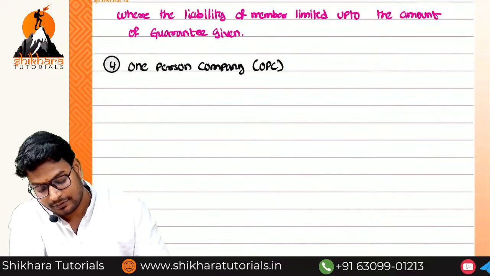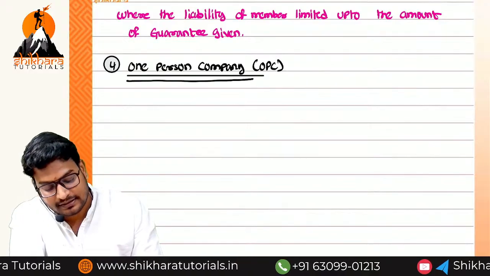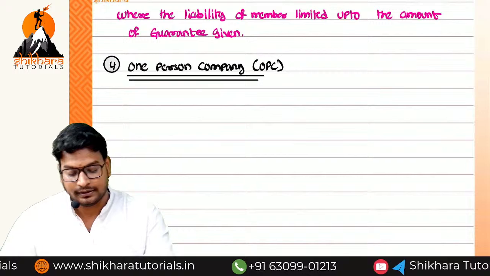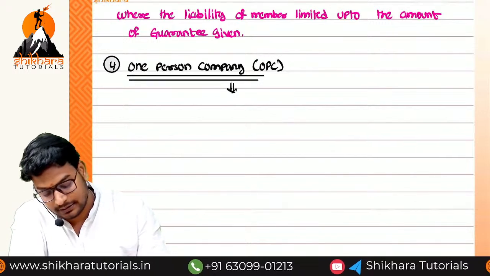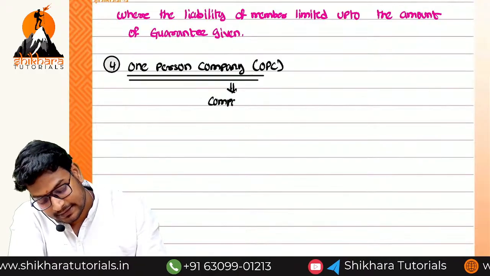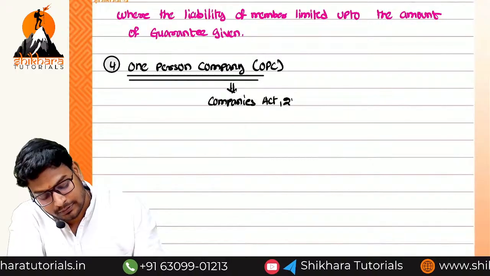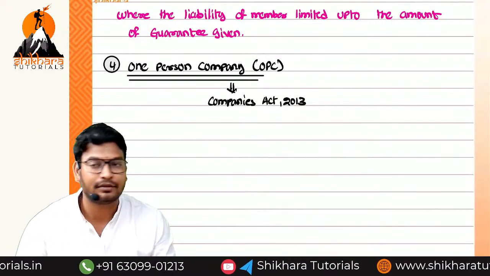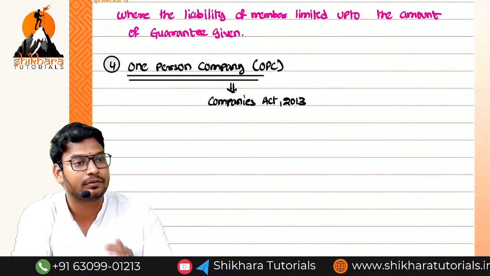What is the meaning of one person company? One person can also start a company, so it is called a one person company. This option was provided in the Companies Act 2013. They have given the option to start an OPC. Now, what are the things you know related to a one person company?